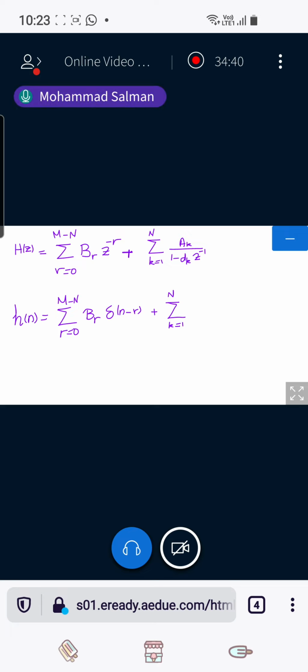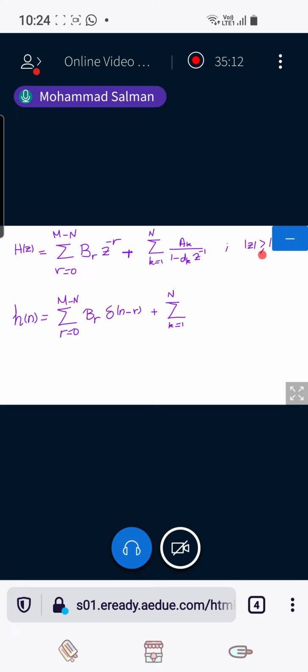Now this one, which pair is this? 5 or 6? It could be 5 or 6 because we don't know whether the magnitude of z is greater than d sub k. If it is greater, it is pair number 5.